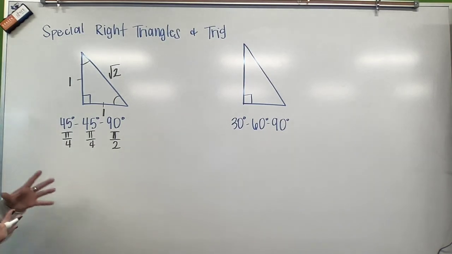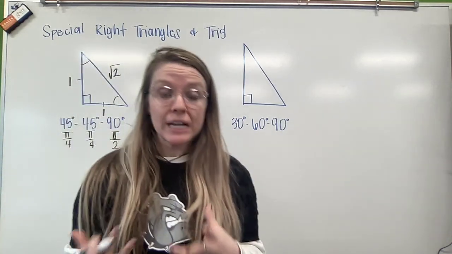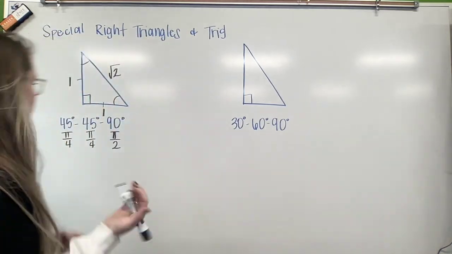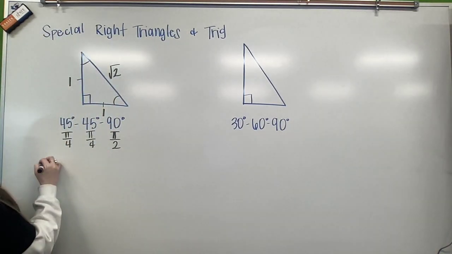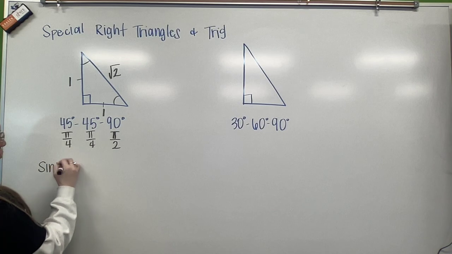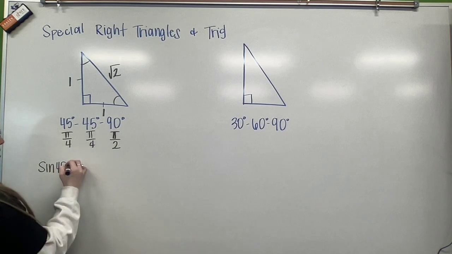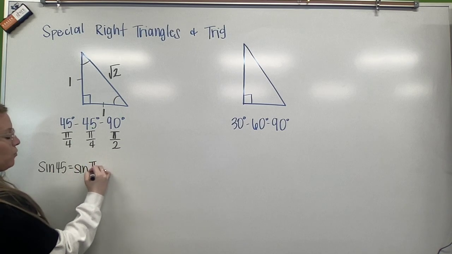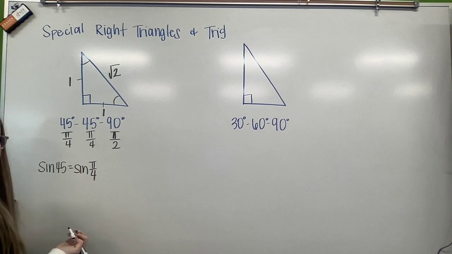So what I want to do is build our trig ratios based off of our triangles. I'm going to find the sine of 45 degrees, which is going to be equal to the sine of pi over 4. Okay?